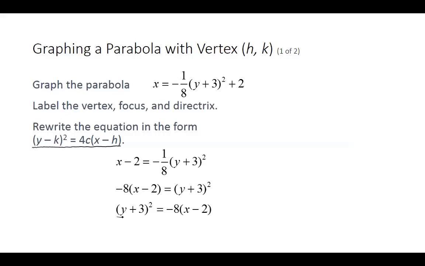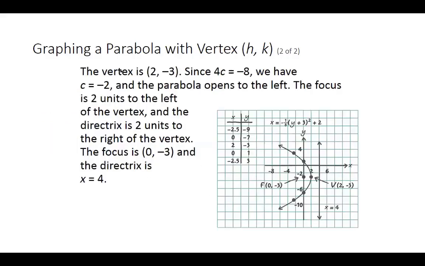So you can see my k would be equal to -3. 4c would be equal to -8. So I can solve for c. And I know my h is equal to 2 when I write it in this form. So the vertex is (2, -3).